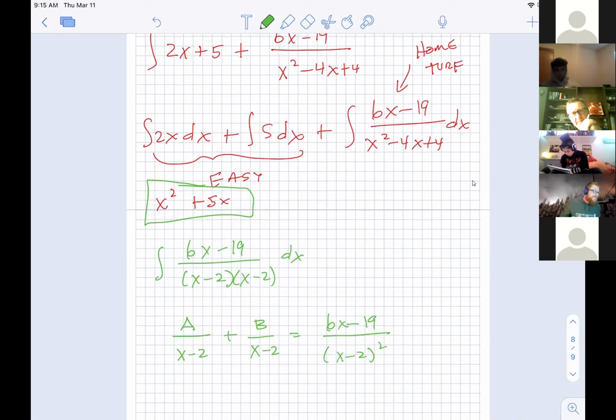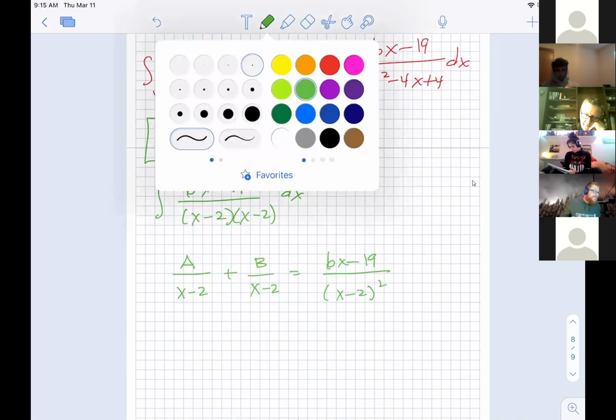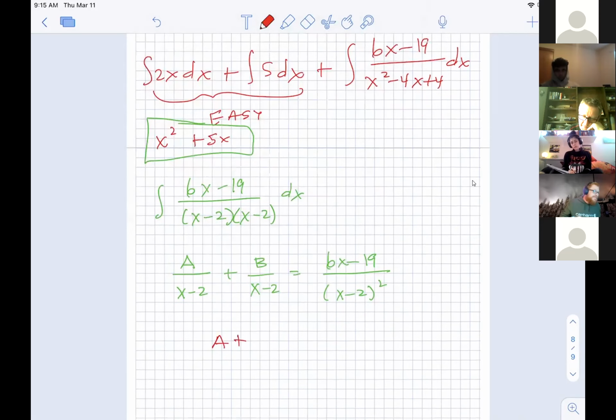Isn't that weird? Is that going to work? Well, they already have a common denominator, so there's no reason to multiply them by anything. So now it just means I need the two constants A plus B to equal 6x minus 19. Why is that not going to work?